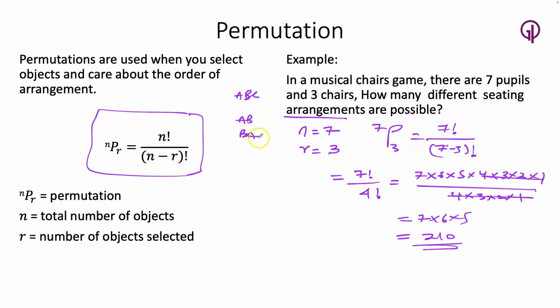A, B and B, A will be the same. And that's the difference. So always take note that permutation questions usually have the word arrangement, the order of things.